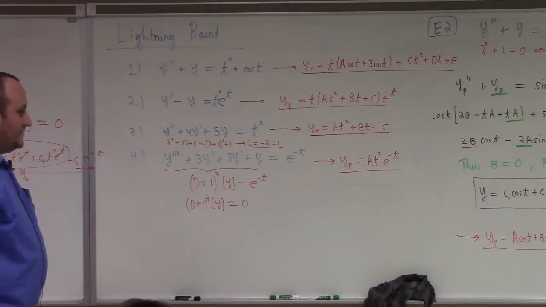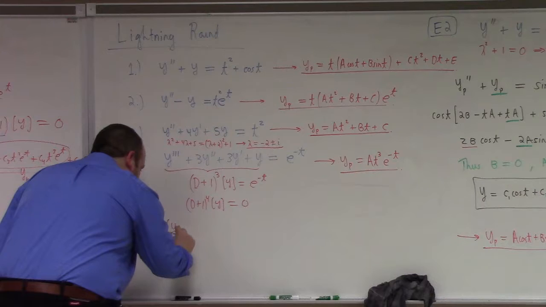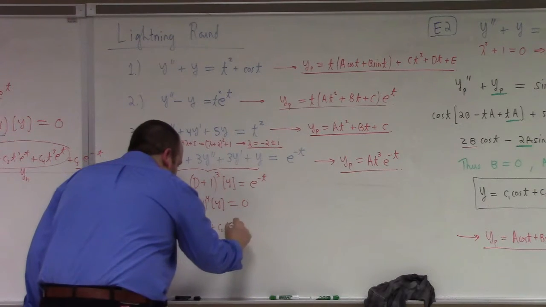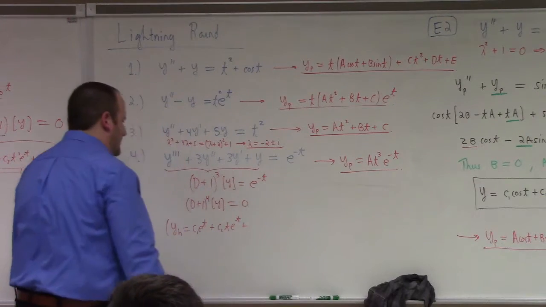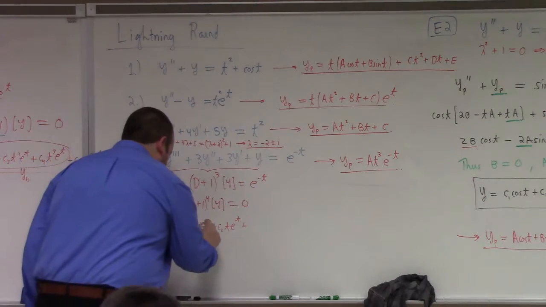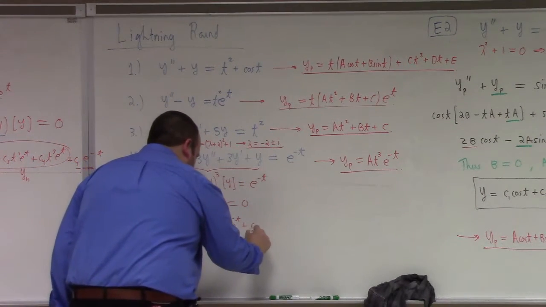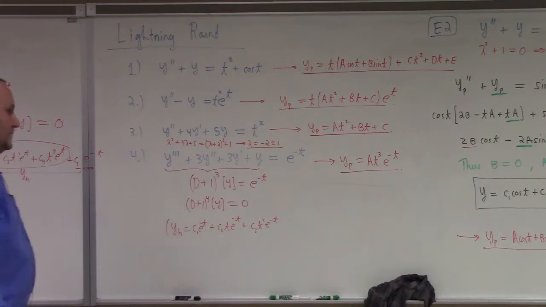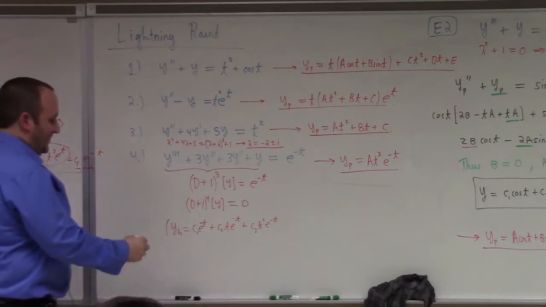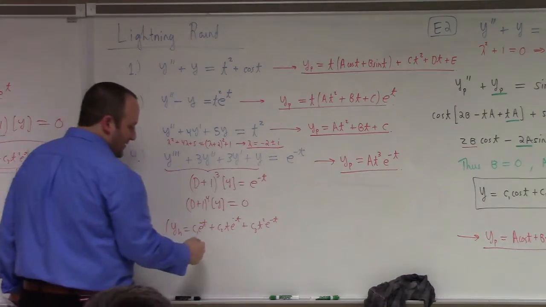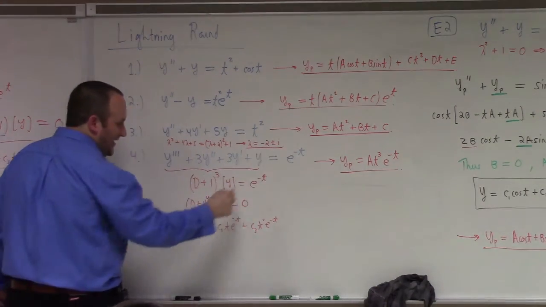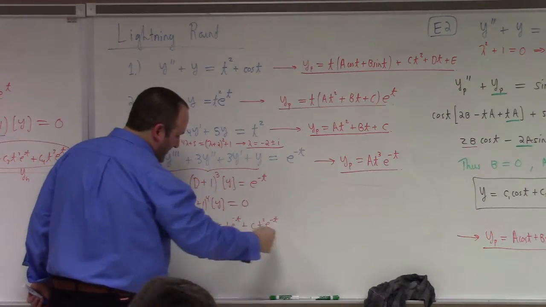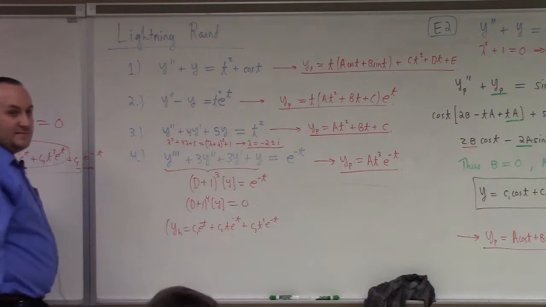What's yh here? C1 e to the minus t plus C2 t e to the minus t, right? I'm going to get minus t. Plus C3 t squared e to the minus t. Because this guy overlapped down there, I had to multiply not by just t, but by t cubed to get out of the trouble zone here.